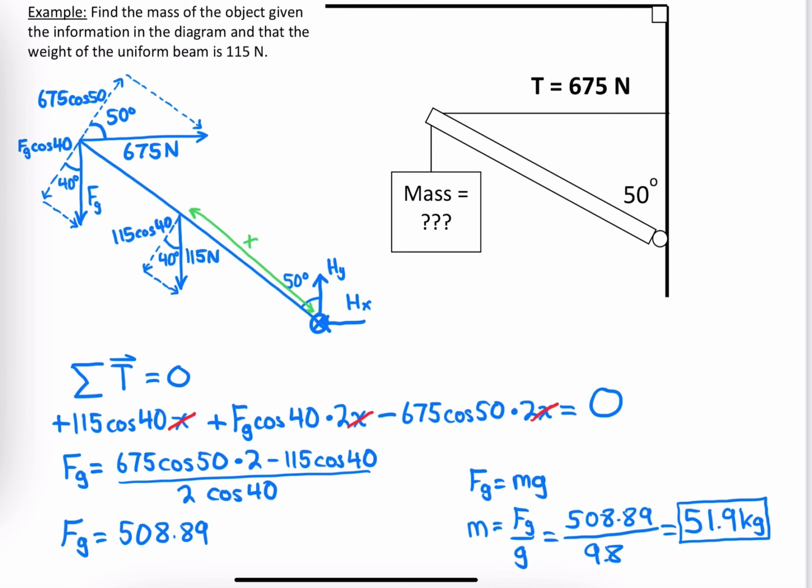Then there was a length we weren't sure about, so we just called it x and sort of crossed our fingers. We used our equilibrium condition, that the sum of the torques is equal to 0. And we got lucky and found out that indeed our x, our unknown length, did completely cancel out across the board. We were able to solve, and we found the mass.